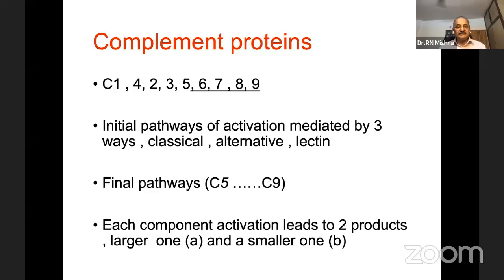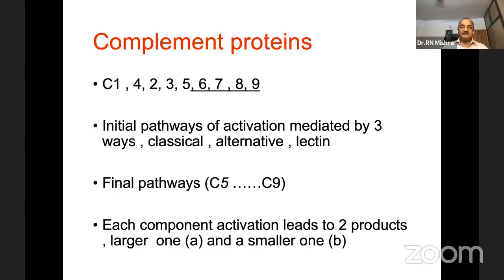Some of them which take part in the active complement system are numbered C1, 2, 3, 4, 5, 6, 7, 8, 9. As you see, the numbering 4 comes before 2.